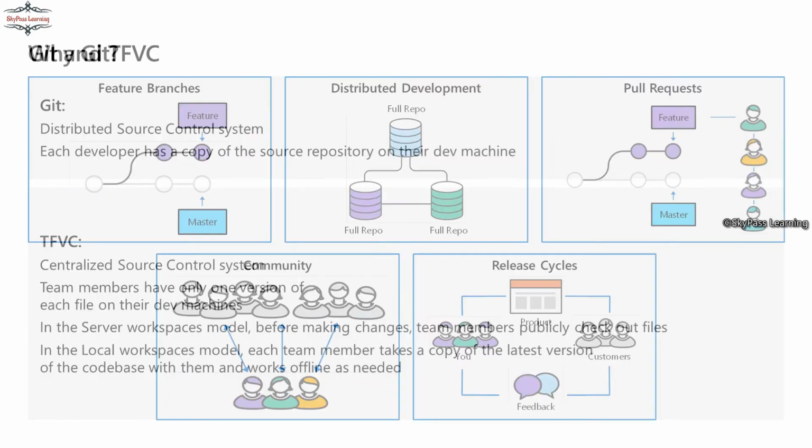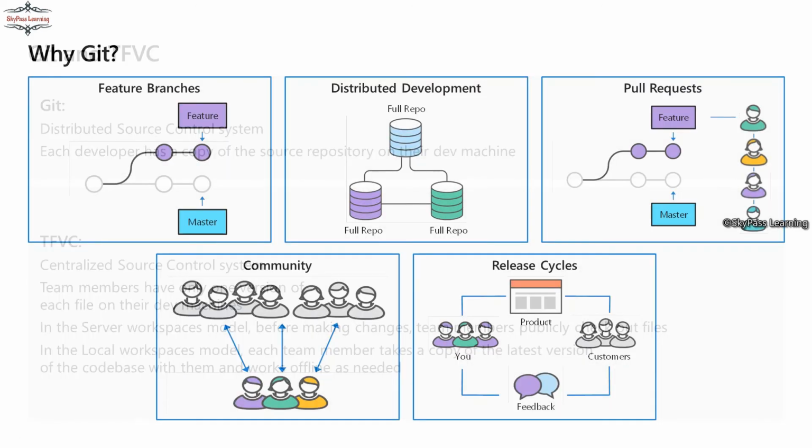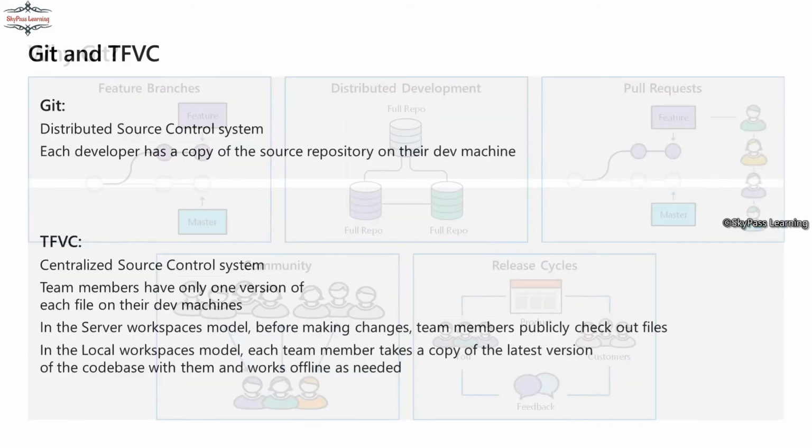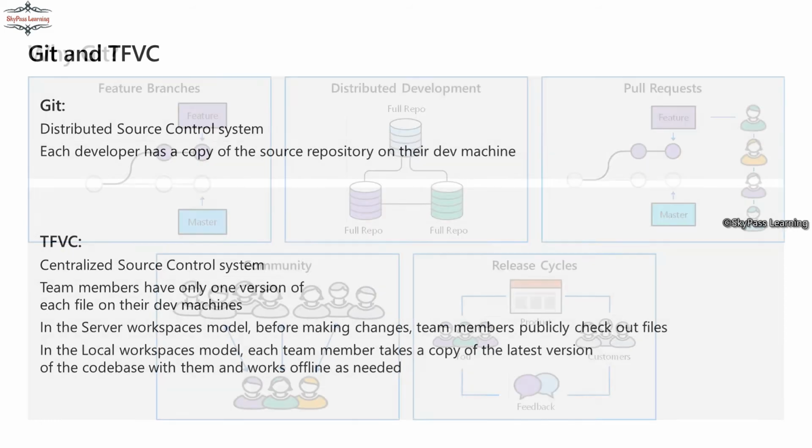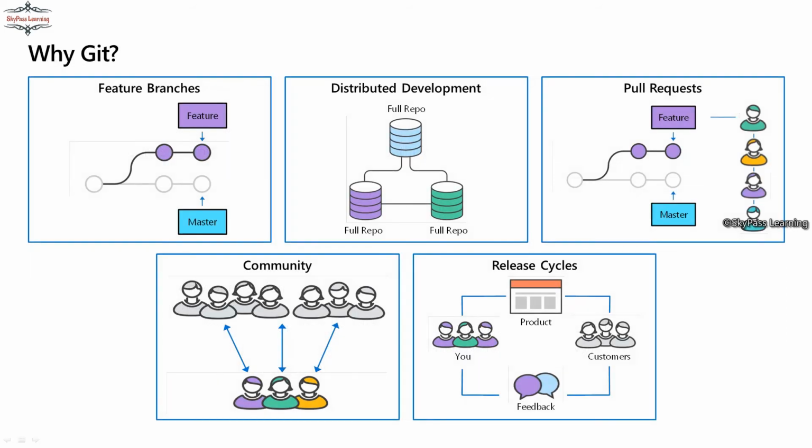So let's move to the next slide. Why do we use Git? Because we have a centralized system like TFVC, a centralized source control that can be used for deployment. But what are the additional benefits of Git? First, the community. If we have large project teams with a number of people available, they develop their code, put their code copies up, and they might give a better solution than what you are thinking.